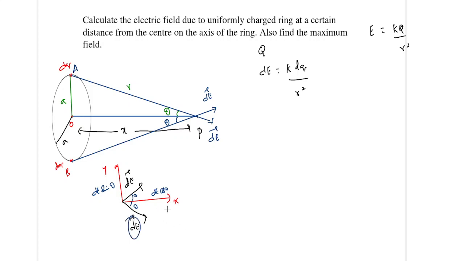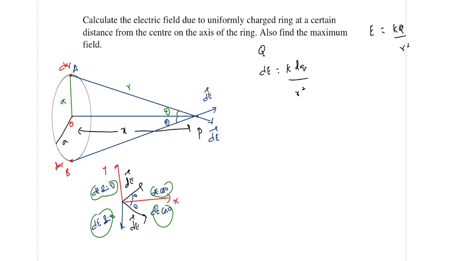The components of this would be along positive x and negative y. So this component would be dE cos theta, and its y component would be along the negative y direction, which would be dE sin theta. So these two y components would cancel each other, and what remains would be only the cos component. In this case it will be 2 dE cos theta for these two elements.